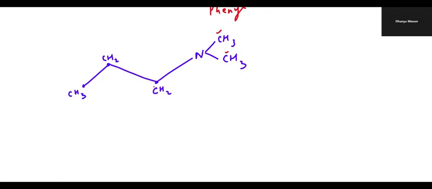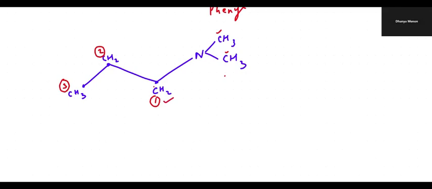Whenever the nitrogen is surrounded by 3 carbon atoms, it is a tertiary amine, or 3-degree amine. So starting the numbering from this carbon atom because this is near to the functional group.